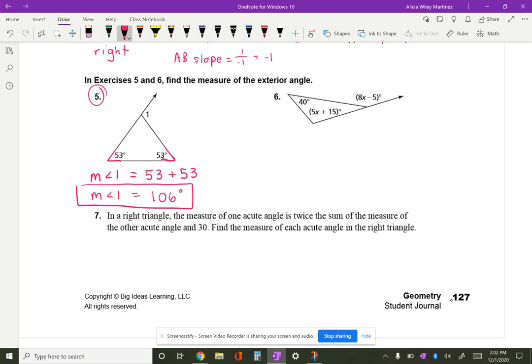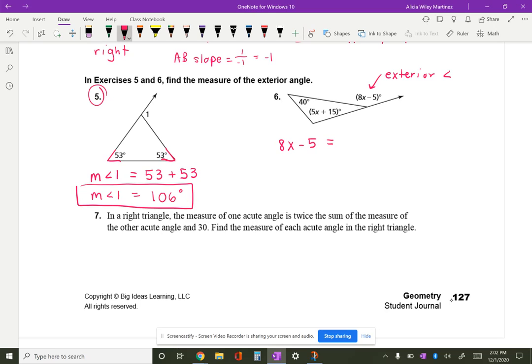In number 6, it's a little bit different because we have mathematical expressions in place of our angle measurements, but we can still use the theorem. This is our exterior angle, and our exterior angle is 8x minus 5 degrees. You can write it without the parentheses. And that's going to be equal to the sum of the two non-adjacent angles.